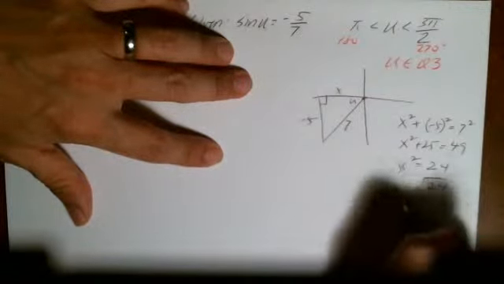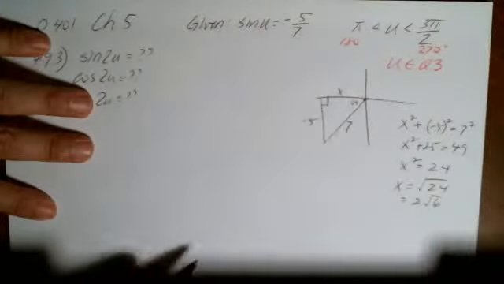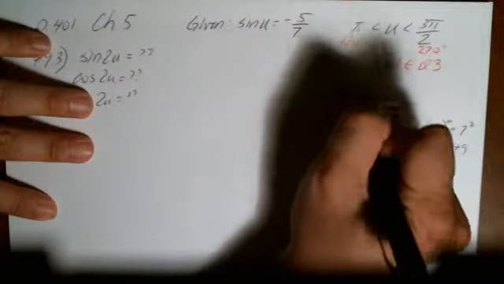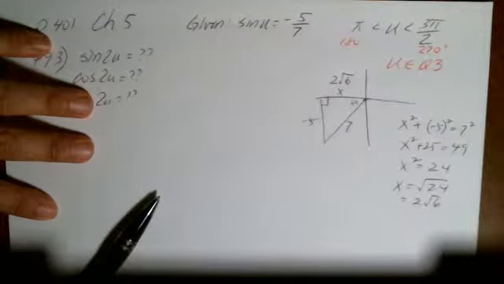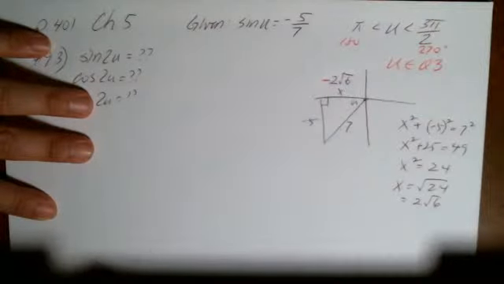Simplifying that radical, it becomes 2 radical 6. So this value is going to be 2 radical 6. This is just for u. Don't forget there's a negative factor there.